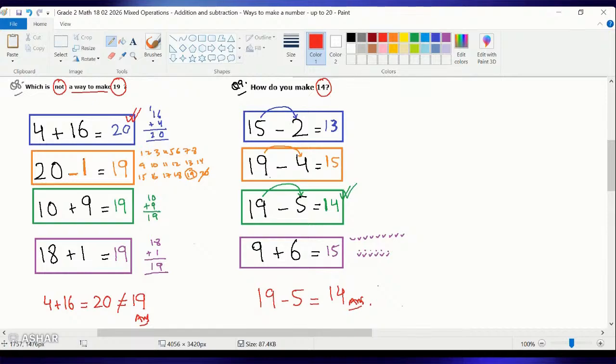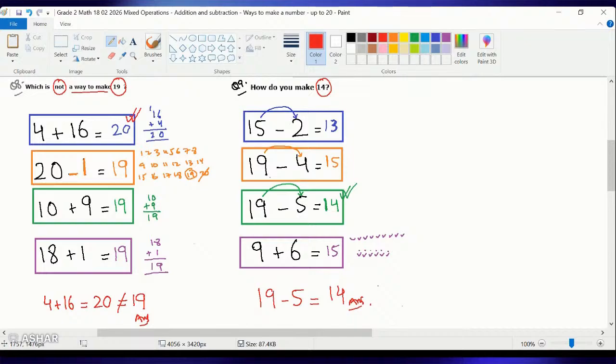Yes, 20 minus 1 is equal to 19. But that option is not given to us, right? Out of these 4 options which are given to us, a lot of answers would give us 14, right?